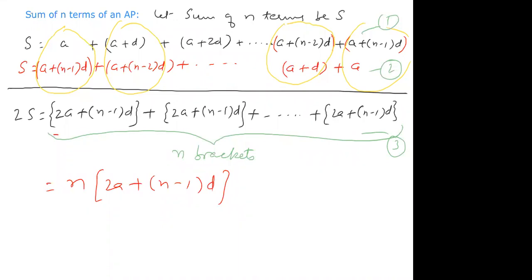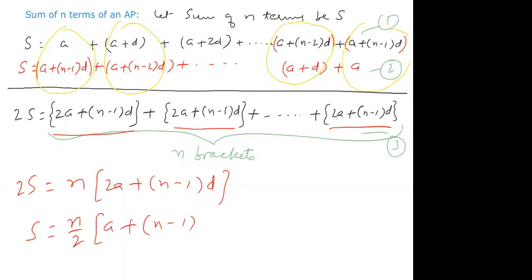First bracket x, this is also x, this is also x. So x plus x plus x, n times, is nx. So 2s is equal to this. So s is equal to n upon 2 into 2a plus n minus 1 into d. This is the formula for the sum of n terms of an AP.